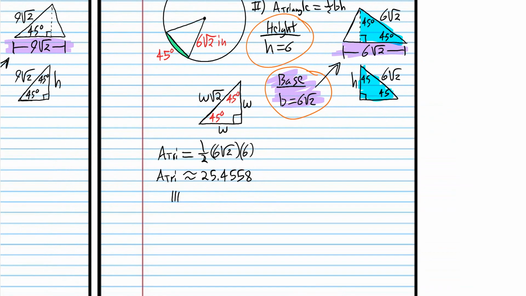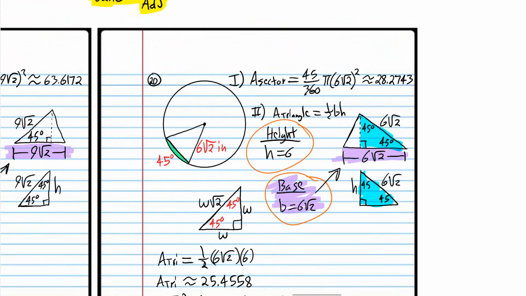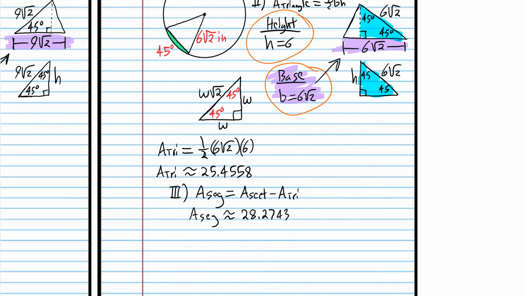All right, step number 3. As usual, the area of the segment is equal to the area of the sector minus the area of the triangle. Area of the sector is 28.2743 minus 25.4558.